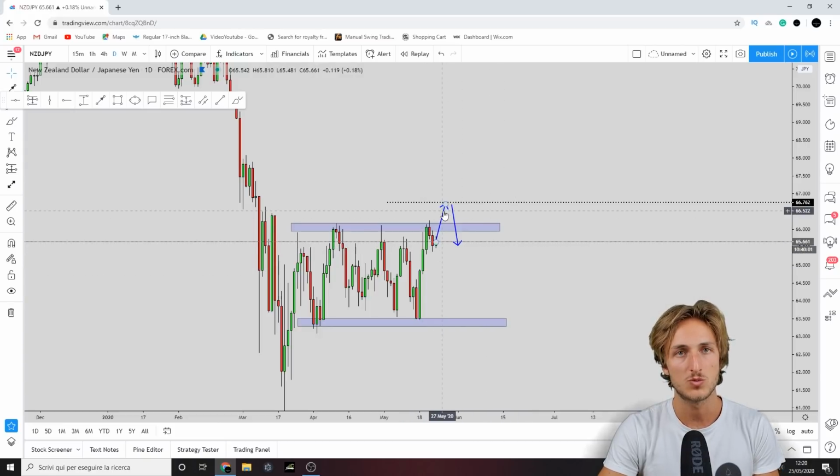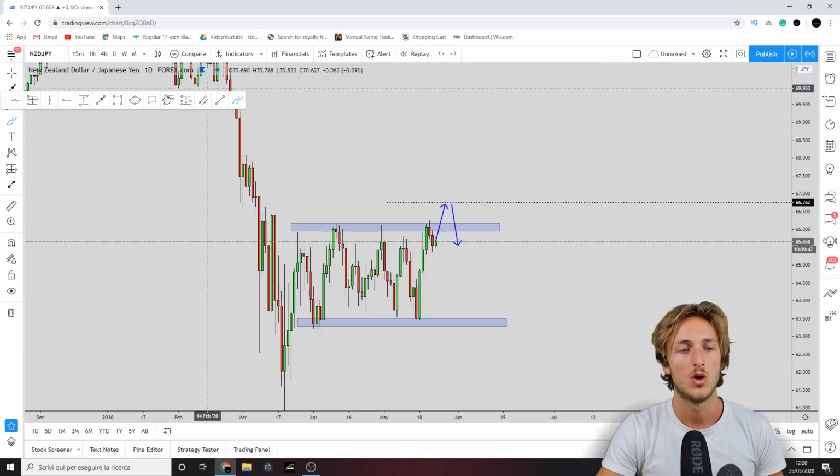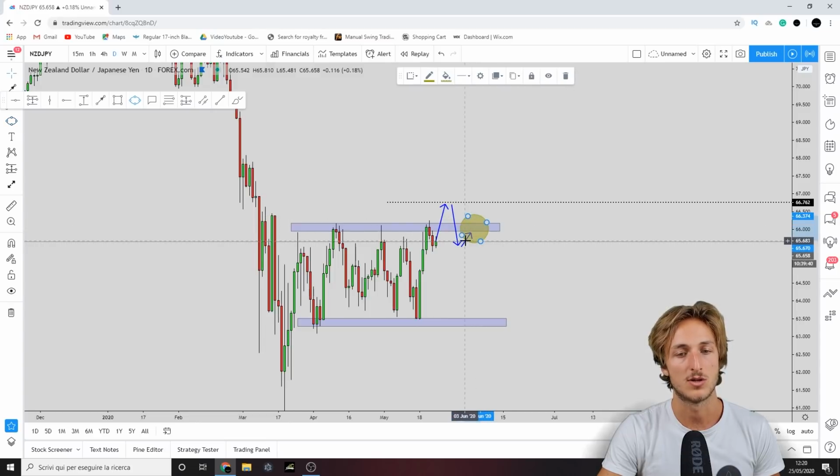That is what we will be waiting for with students. We don't know if this will happen, but if this will happen, we will be ready because this is one of our strategies. So if the market will break to the upside from a daily perspective and then break back down into the range, then what we will be doing, we will be monitoring price action from a 4-hour perspective inside of this area on the retest of the range.